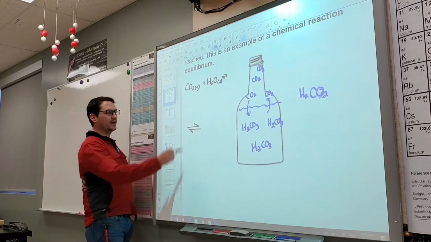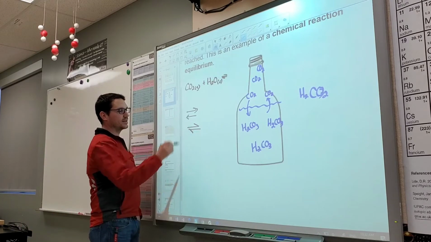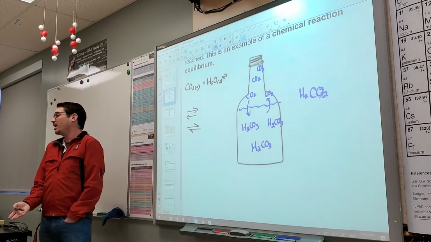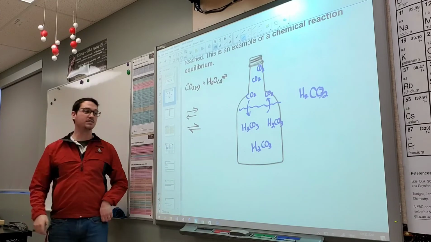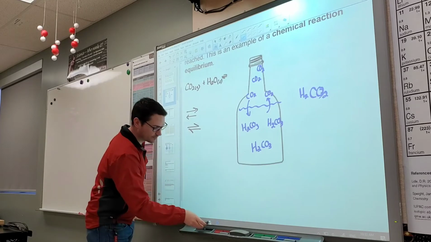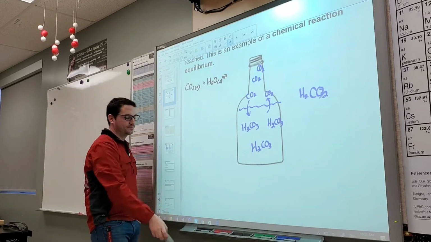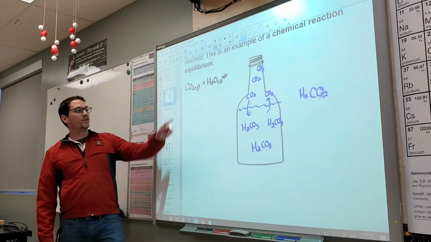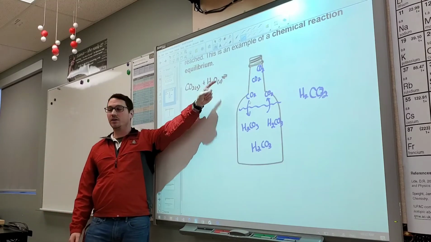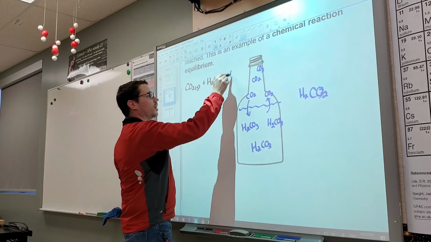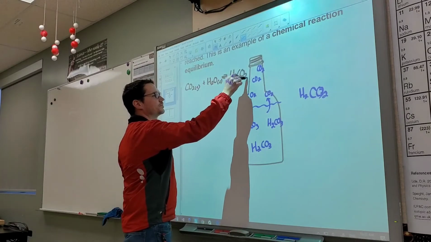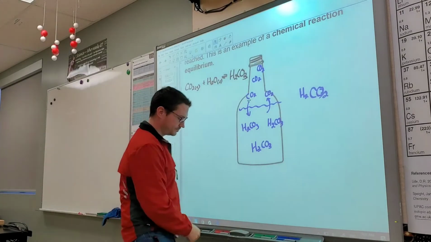Now, if you want to write it like this, that's perfectly fine. It just takes more time, and I'm lazy because I'm a chemist. So I want to use that arrow, but it's whatever you want. So the carbon dioxide and the water are combining to turn into carbonic acid, H2CO3.